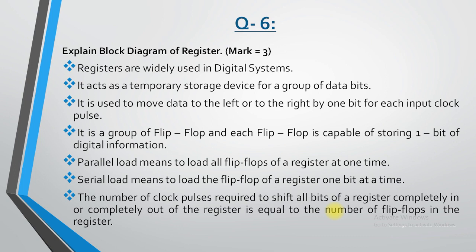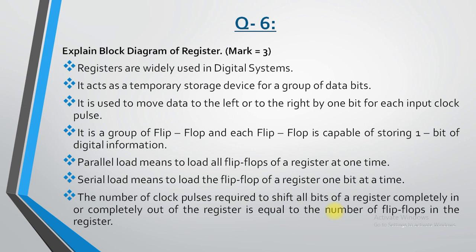The number of clock pulses required to shift all bits of register completely in or completely out. Now see, what is the meaning of in and out over here? If data is inserted into the register, it is called in, and it is called out if data is out from the register.